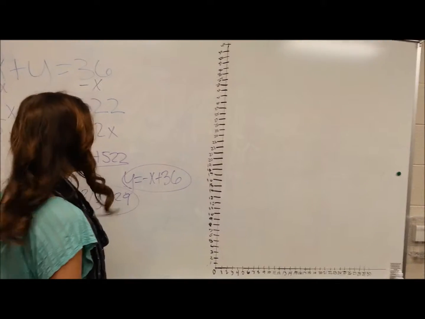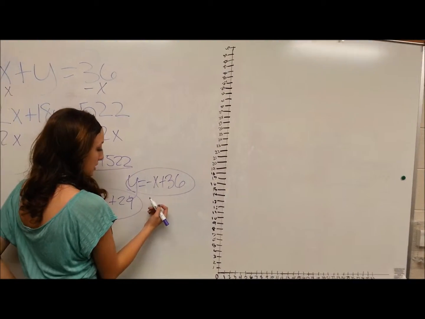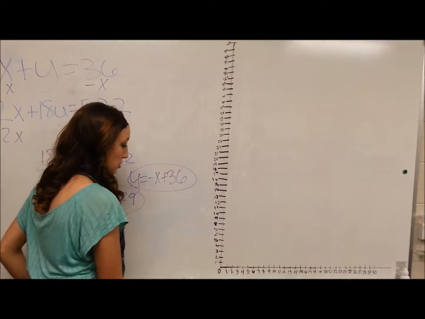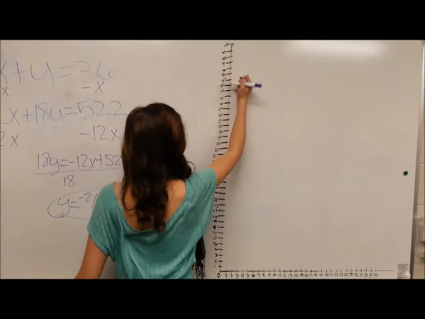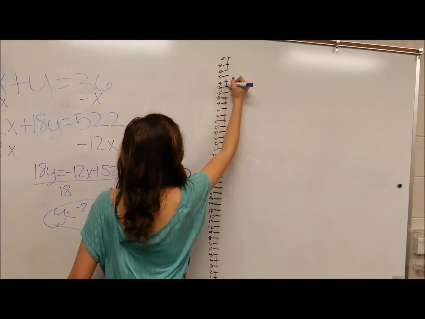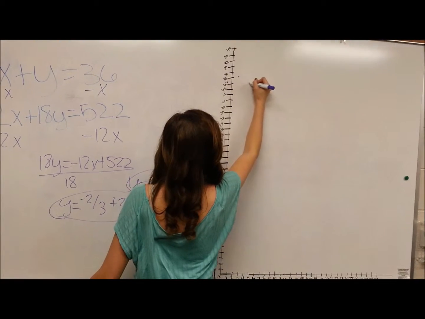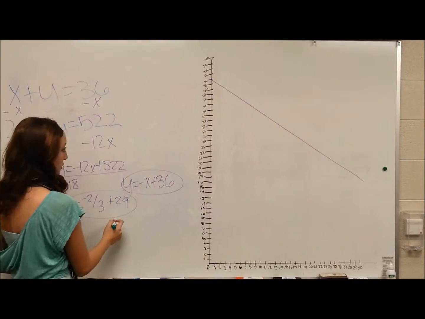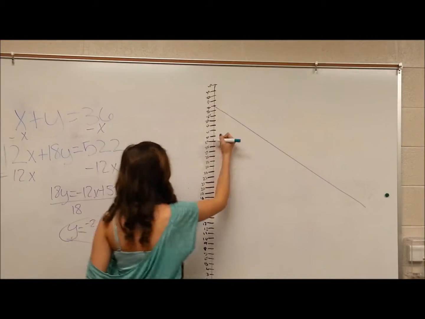Now we have to graph the two equations. We're going to start with y equals negative x plus 36. So you're going to start on 36. You're going to go down one, over one, down one. Now we're going to graph the second equation. So we're going to start at 29.